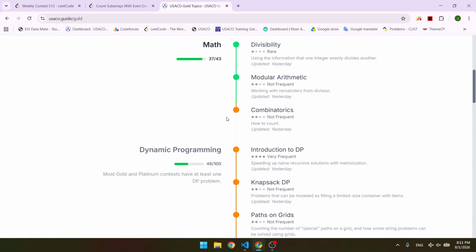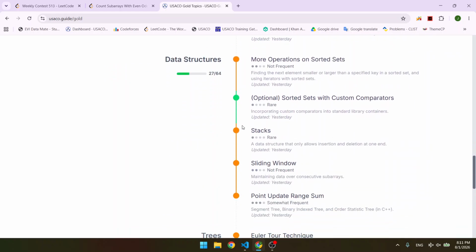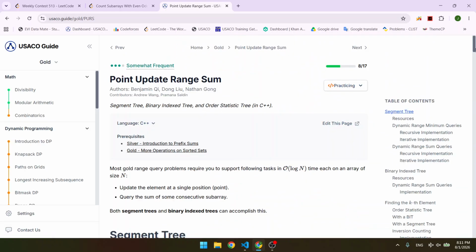Let's see the one using order statistics tree. Where was it? It was over here.